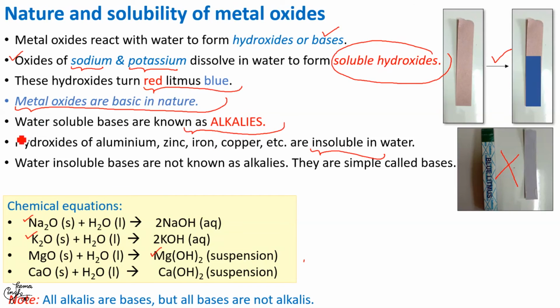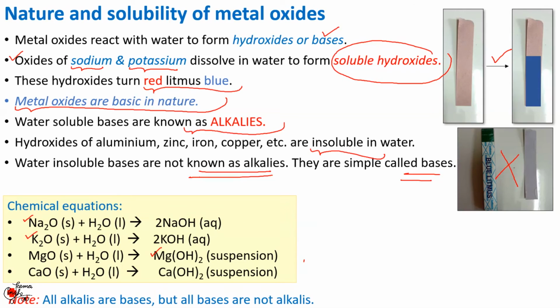Since hydroxide of these metals are insoluble in water, we cannot call them as alkalis. They are simply called as bases. Thus, water-soluble bases or metal hydroxide are termed as alkalis and water-insoluble metal hydroxides are simply called as bases.